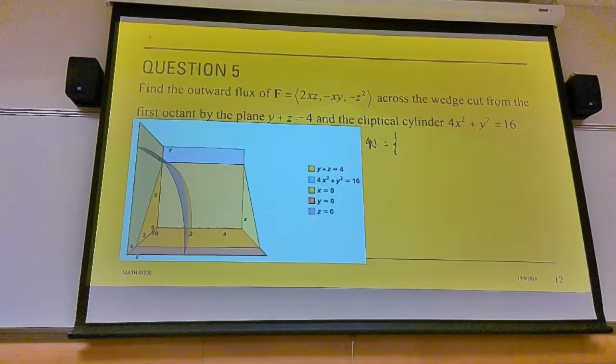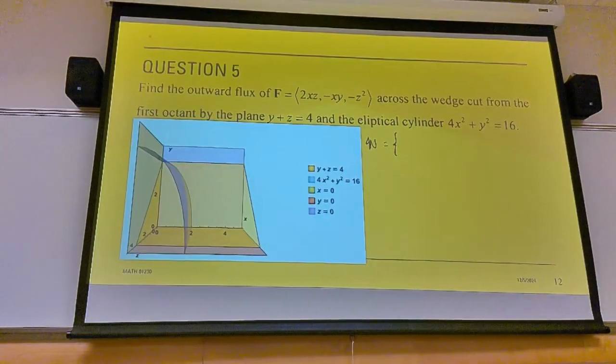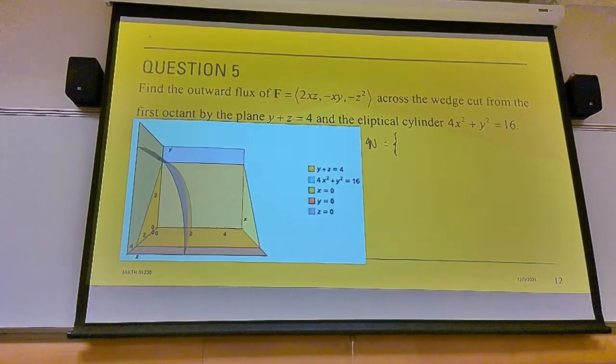Rectangular is actually the best here, because of all those planes. X goes from 0 to 2. Let's fix that right now. What's Y going to go from?